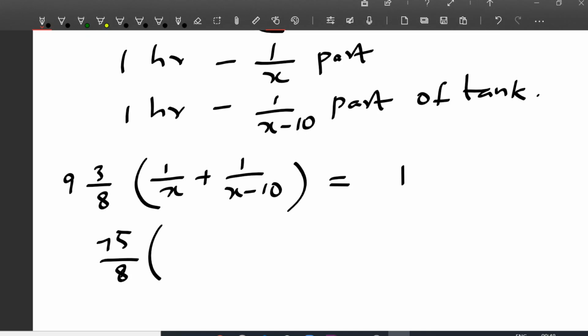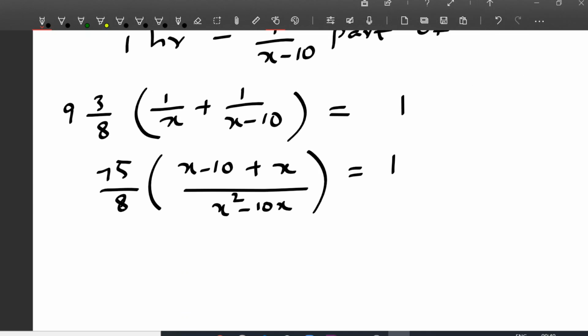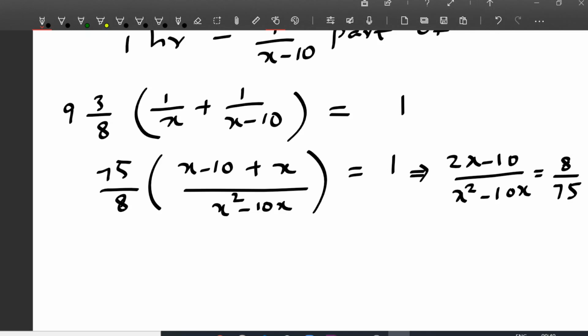Okay, and taking the LCM here, x square minus 10x, and then x minus 10 comes to the numerator of this part, and x to the numerator of this part will be equal to 8/75. When you take 75/8 to the other side, it becomes 2x minus 10 by x square minus 10x is equal to 8/75, because it becomes a reciprocal when you take it to the other side of the equality.